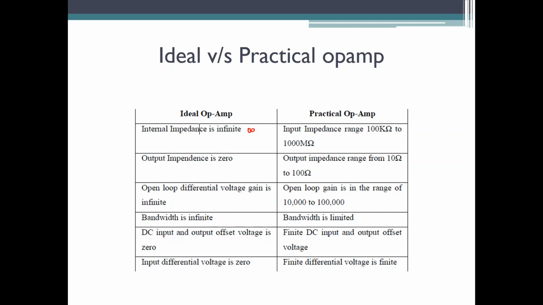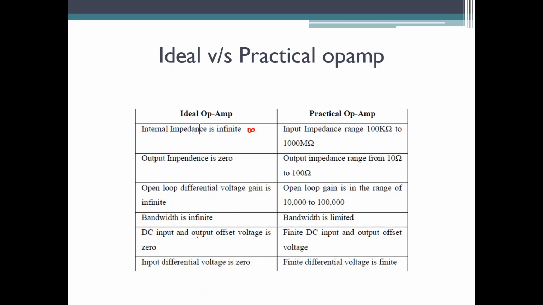DC input and output offset voltage is 0. DC input offset voltage can be defined as the DC voltage that will be applied at the input side of the op-amp in order to make the output voltage 0.